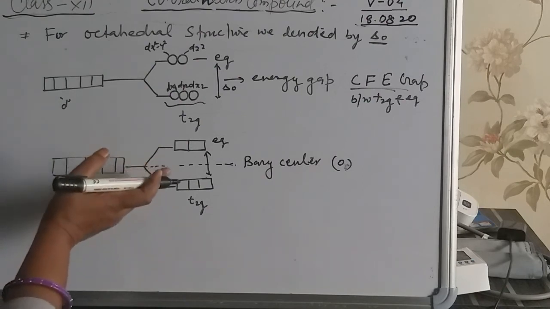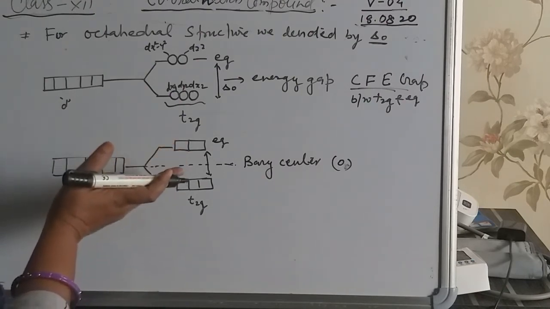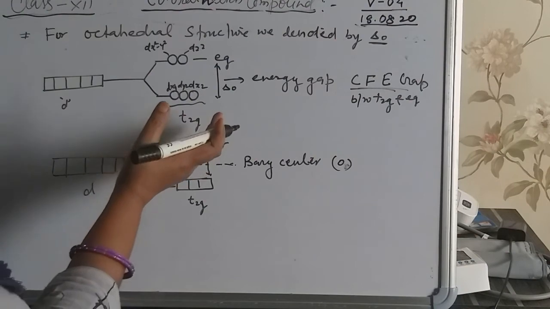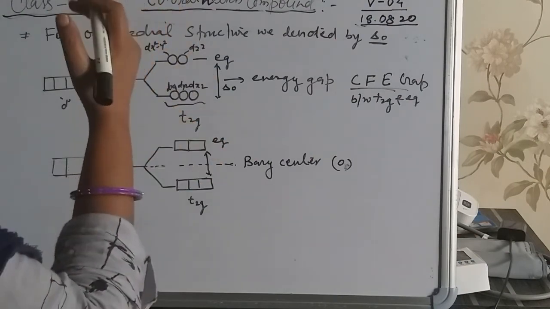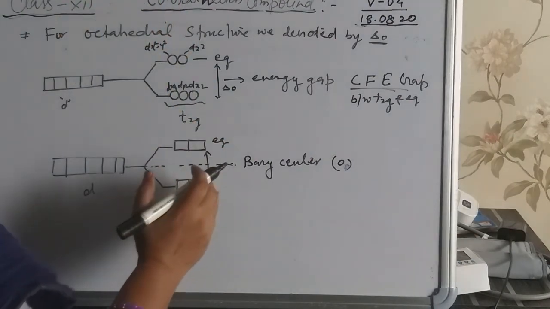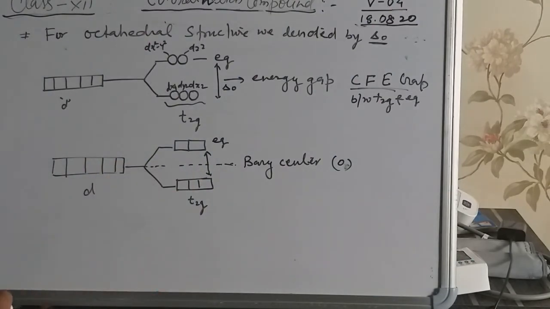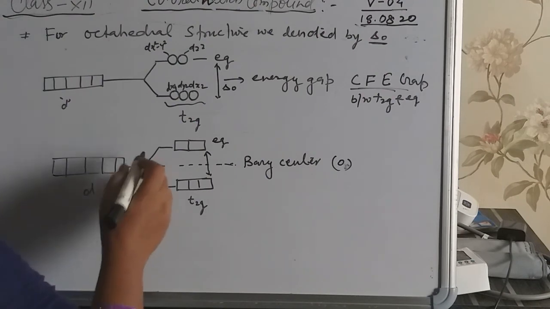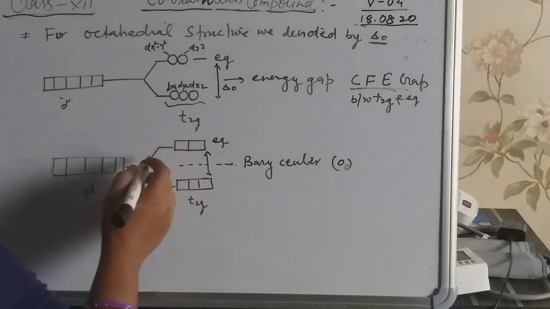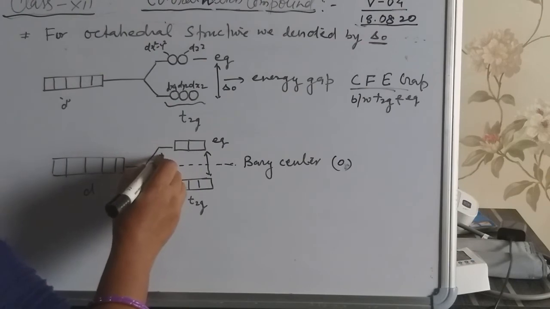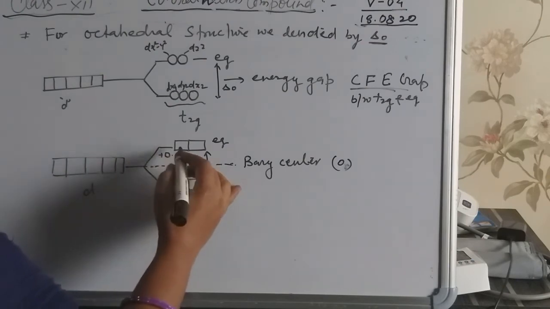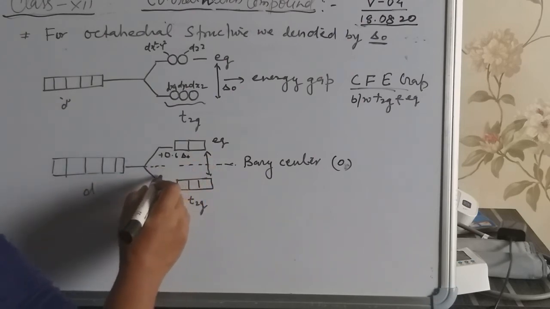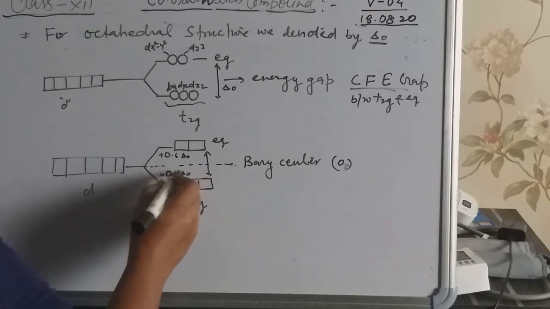So we calculate how these 5 orbitals take energy and go upper, and how much energy is taken by the T2g and goes downward. It is experimentally calculated as 0.6 delta naught, and here minus 0.4 delta naught.